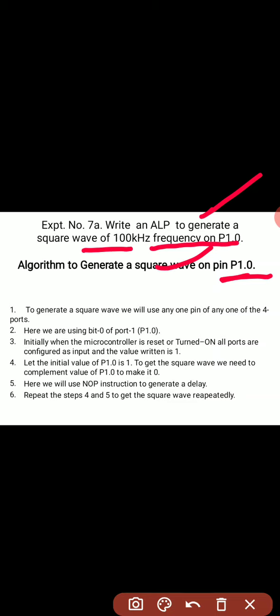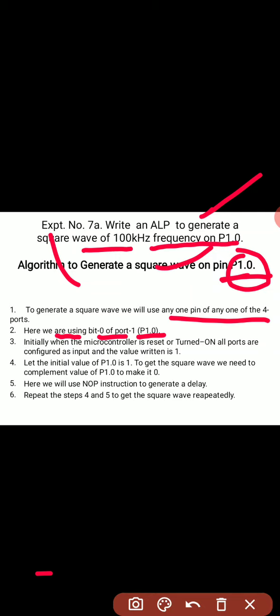Here I am using P1.0, but you can use any one pin of any of the 4 ports. The first step to generate a square wave is to use any one pin of any of the 4 ports. Here we are using bit 0 of port 1; P1.0 means the 0th bit of port 1.